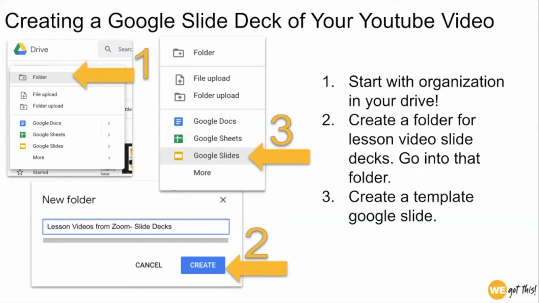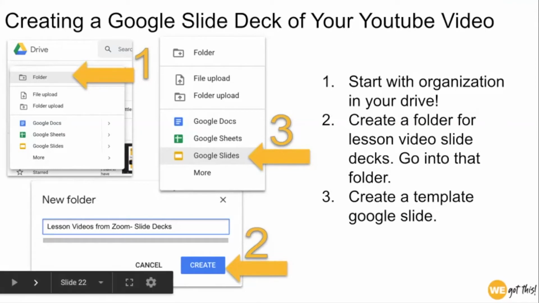But I would actually recommend that you start in Google Drive and organize yourself from the beginning and just create a Google Drive folder that has all of your slide deck videos in it. You can maybe even do a folder within a folder of your units or subject levels. Totally up to you, your organization piece, but I definitely would recommend going with a folder first.